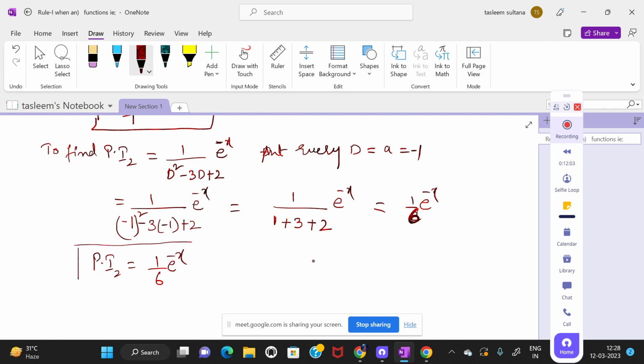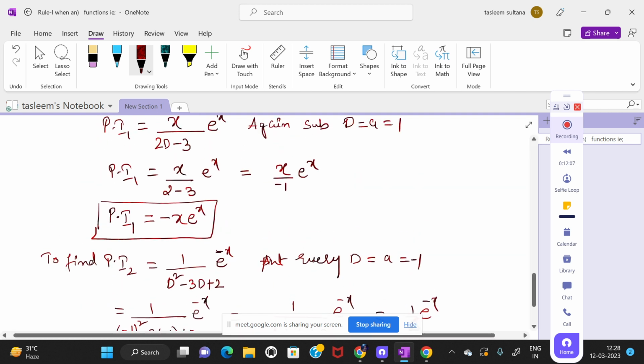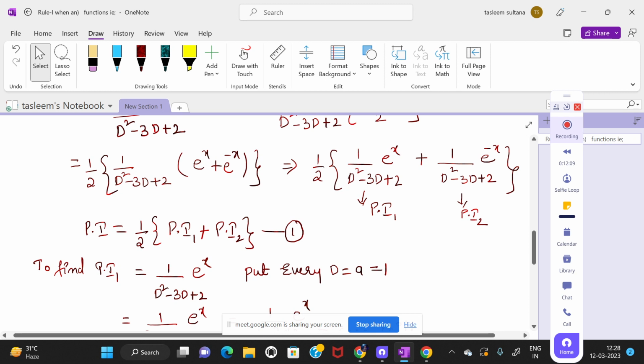Now what we have to do? We have to substitute these values in equation number 1, where we have written our required pi equals 1 by 2 of (pi1 plus pi2).